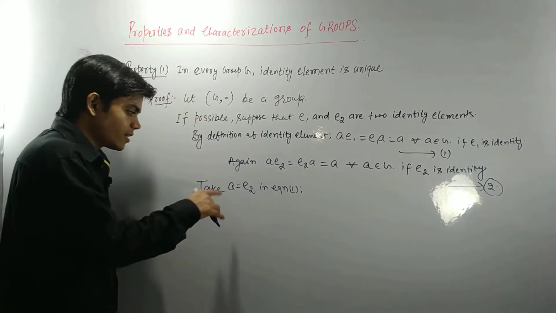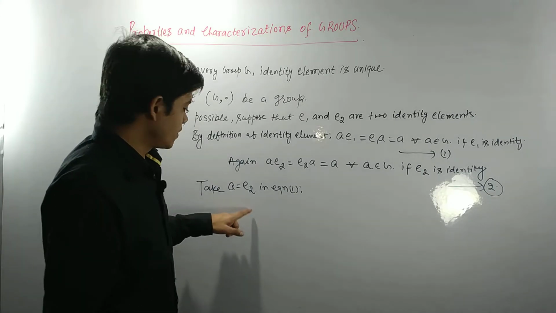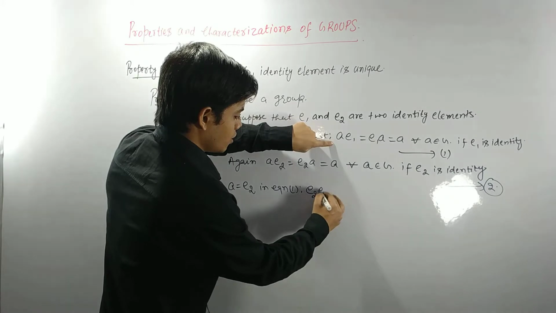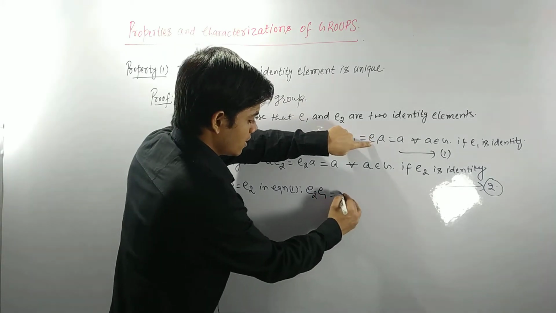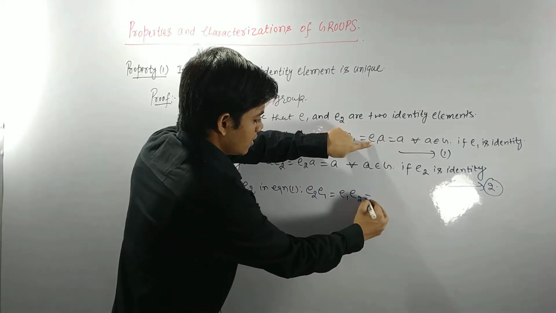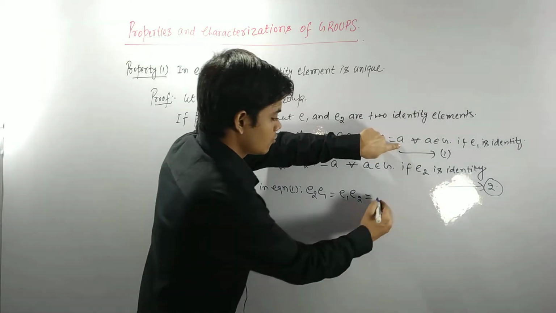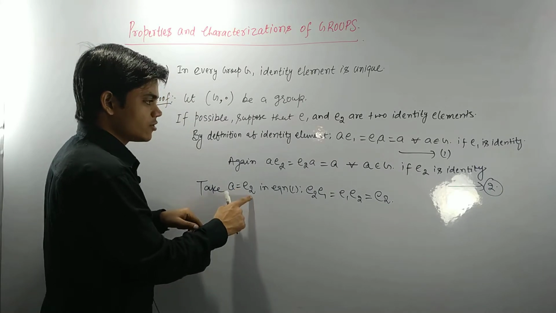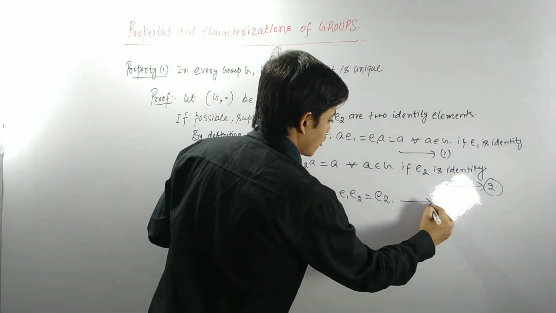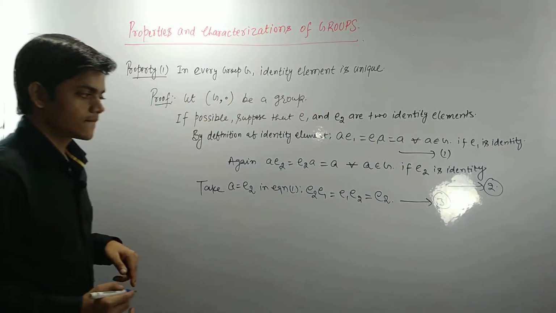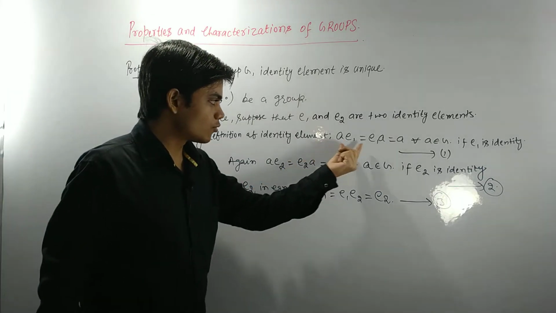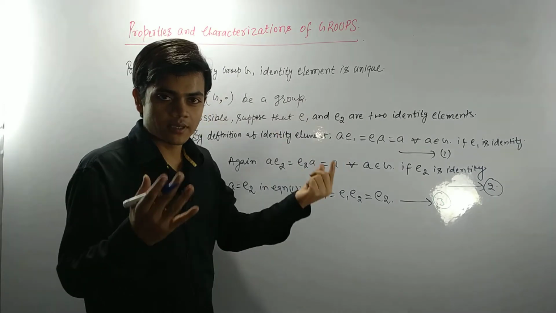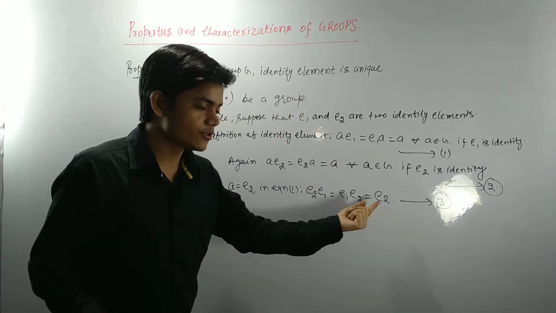Therefore, if you take A as E2 and put it in equation number 1, then you will get E2 E1 is equal to E1 E2 is equal to E2. Alright, we have taken A as E2 in equation number 1 and call it 3. As this is true for all A, and A equal to E2 is also an element of G, therefore this is going to happen.